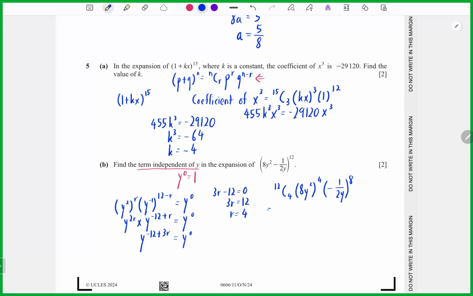Now I can multiply: 12C4 times 8 power 8 times negative 1 over 2 power 4, times y power 8 times 1 over y power 8. You can cancel the y, and you will get the answer.